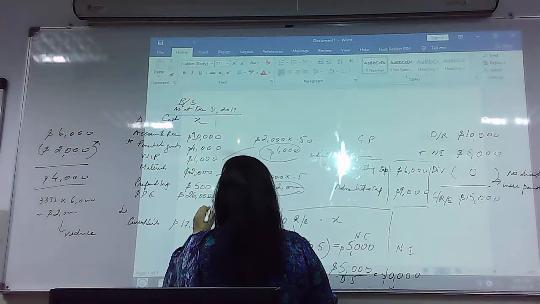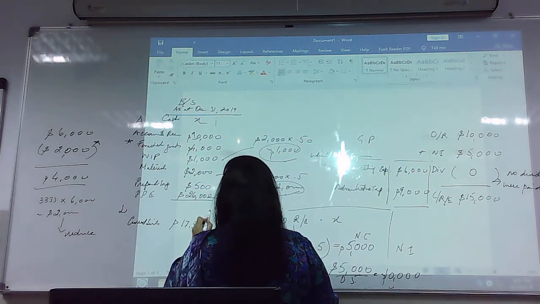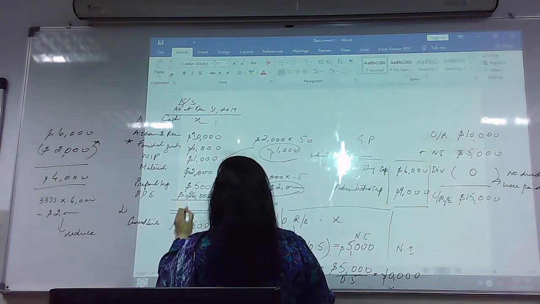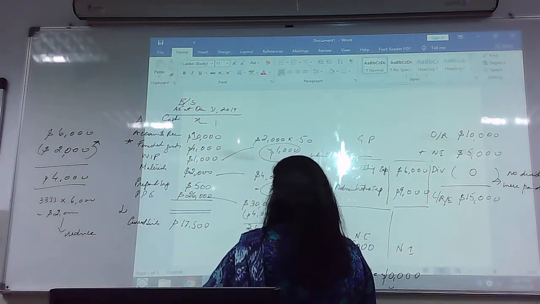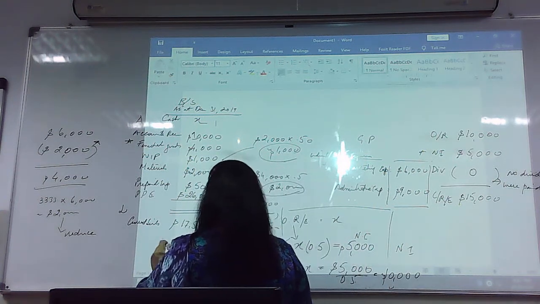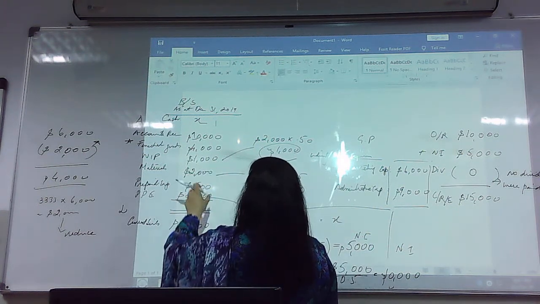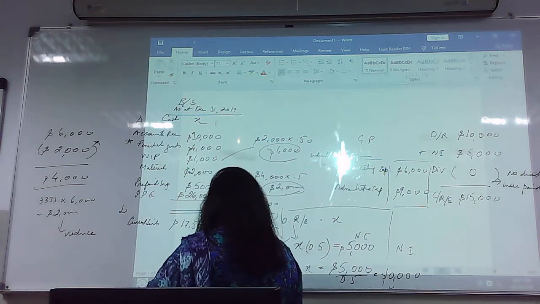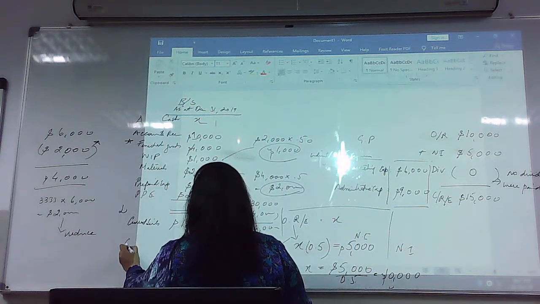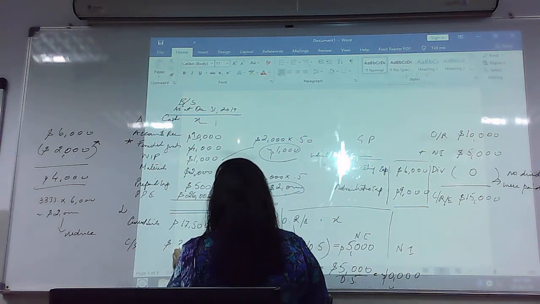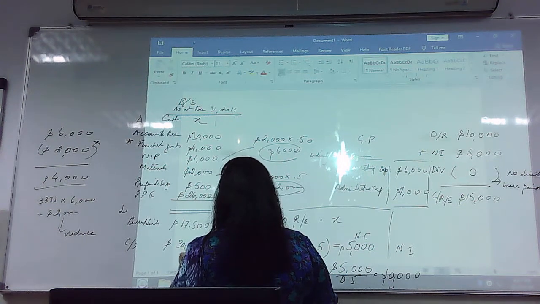You can also add these up and find out the values, but since we have x, we can't really add up. So what we're going to do is subtract all the values from these and figure out what the cash is. And we have common stock as 30,000, as given in the question.